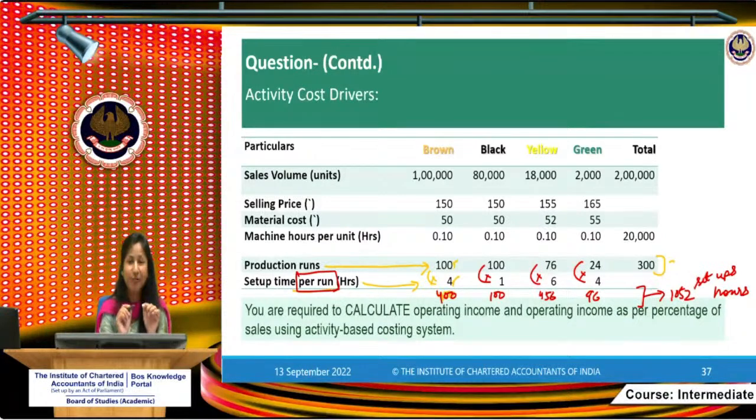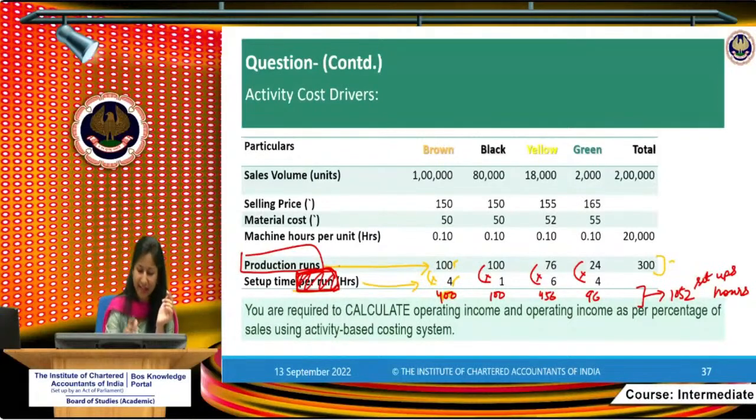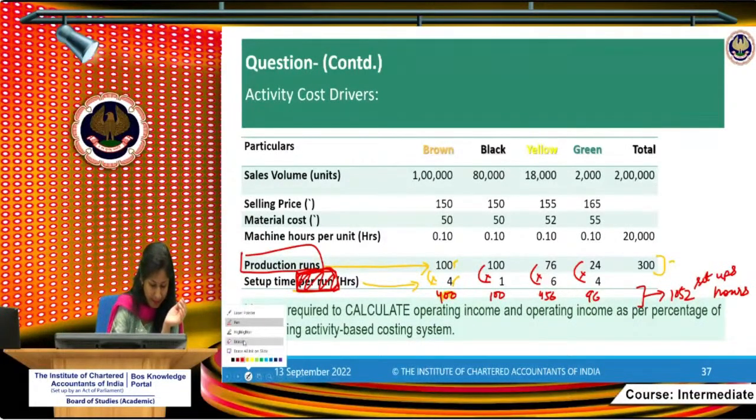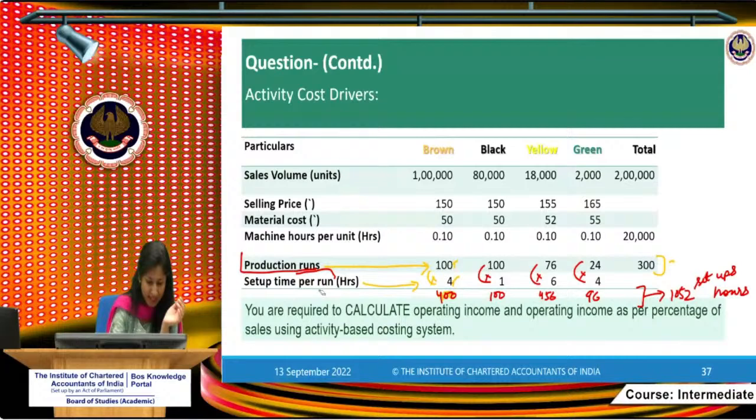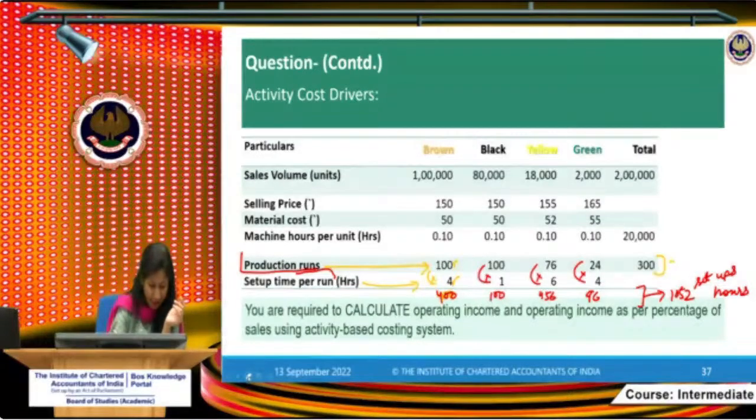That's why we need to multiply this by the production runs. If this wording were not written here, then we could have taken it straightforwardly. But just because it is given per run, we need to multiply by the production runs. I hope this is clear now.